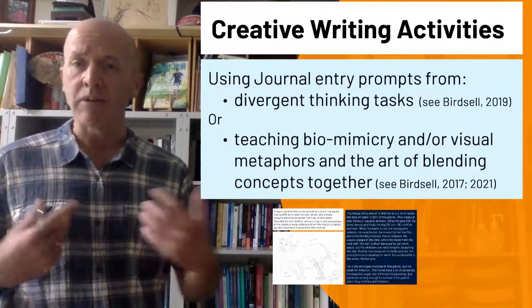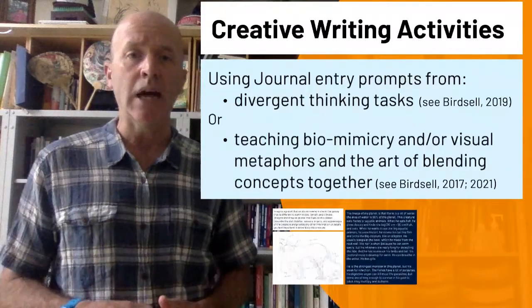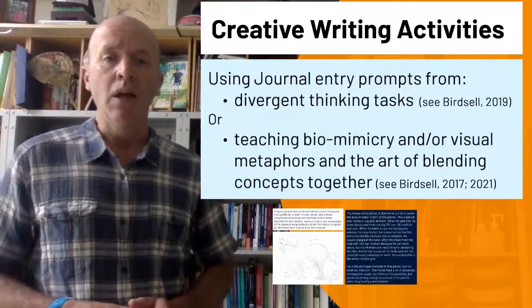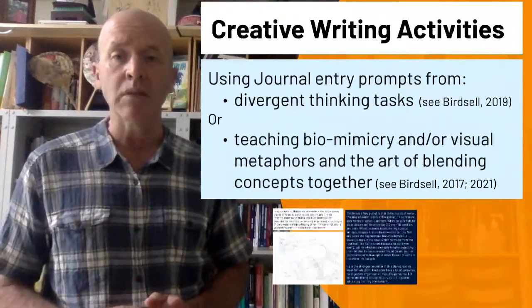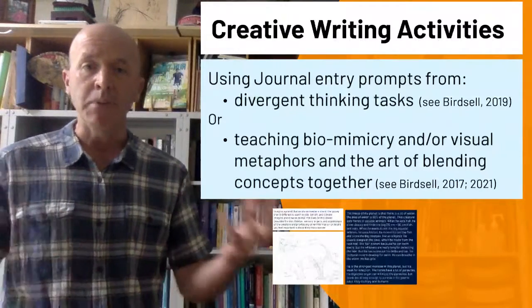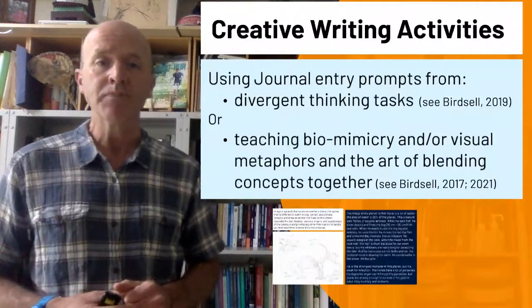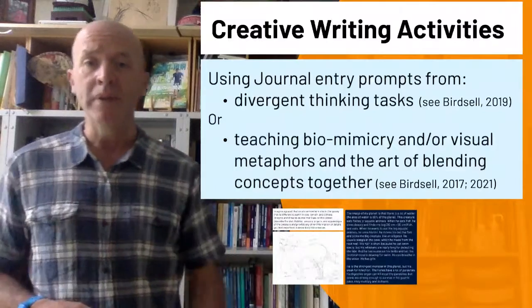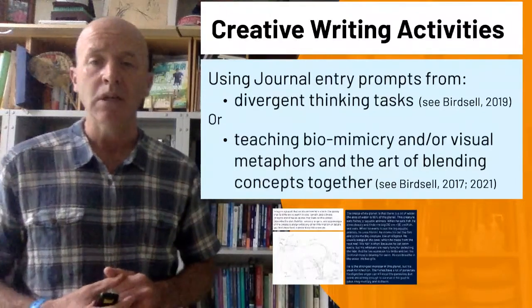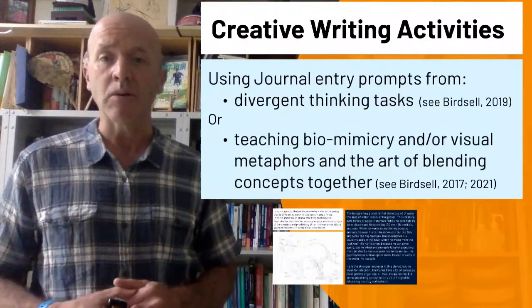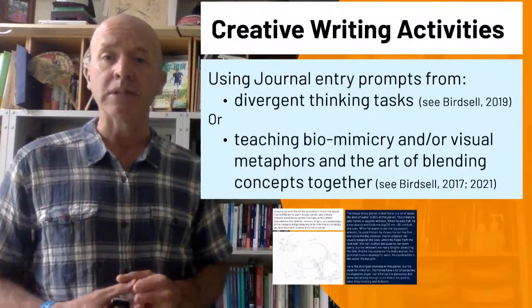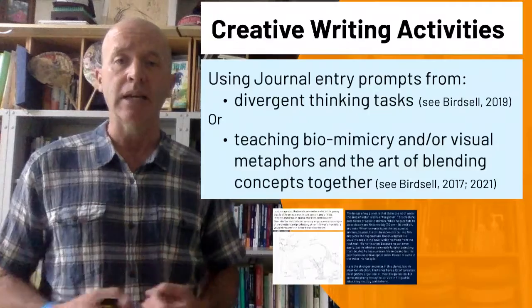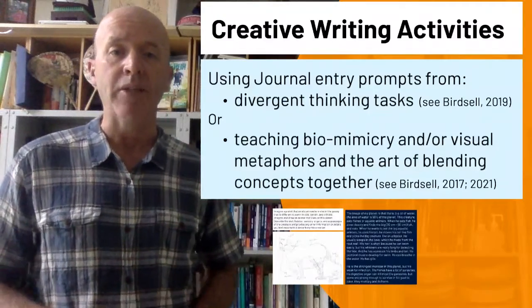I also try to teach real world creativity by looking at maybe biomimicry, which I think is a great representation of what creativity is: this blending of two ideas together. I'll also use material from visual metaphors, because that's helpful since it's visual on the one hand, but it also represents what creativity is. Again, this idea of blending two things together.